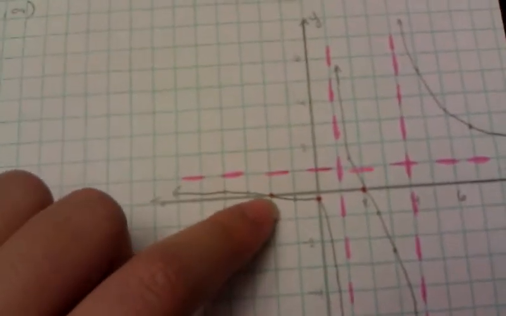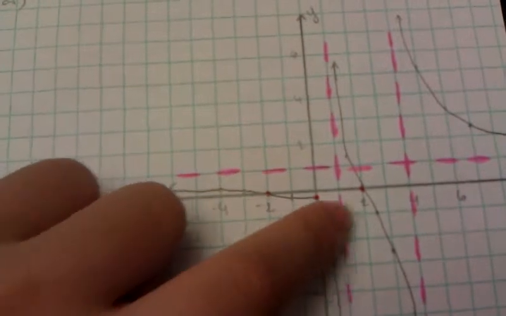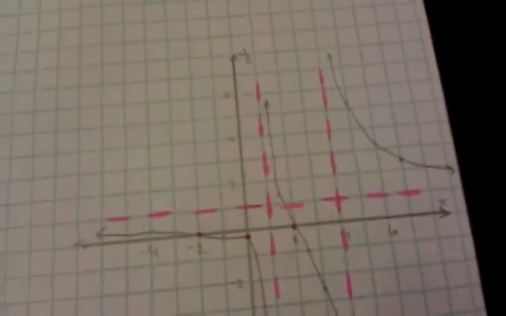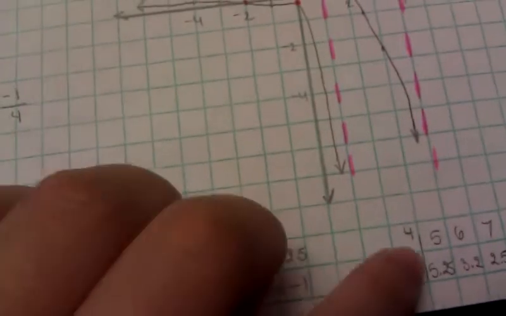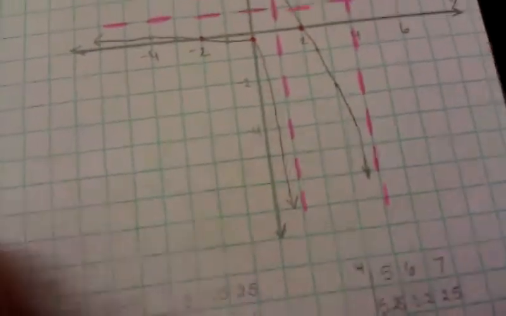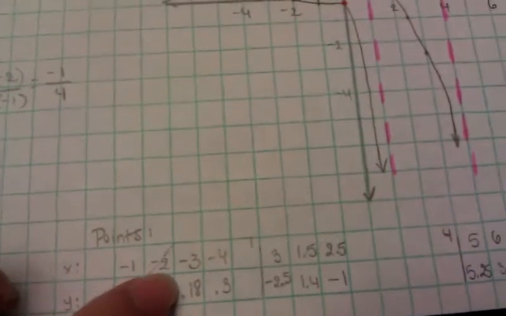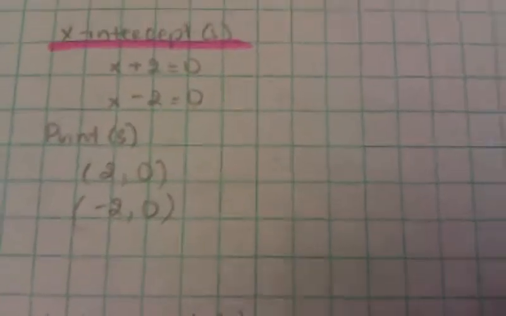These red dots represent the information that I already got from the solving part, and then for the other points we need to look for them. So I put 1 right here at the fence, and then 4 right here is the fence, and I put negative 1. I cross out negative 2 because remember that we already found negative 2.